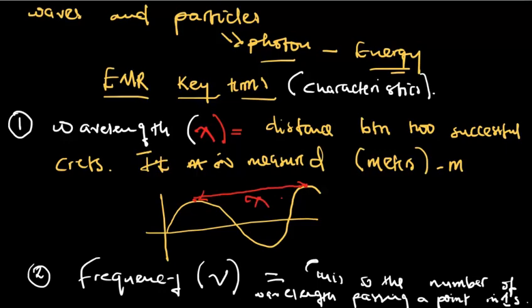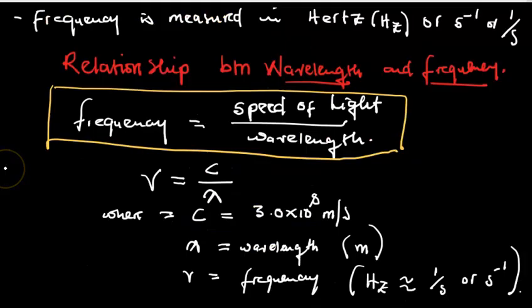The relationship is that frequency is equal to the speed of light over the wavelength. The units we need to work with are that the speed is measured in meters per second, and we need to ensure that the wavelength is also measured in meters, and the frequency is measured per second.